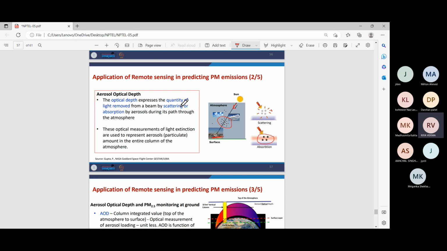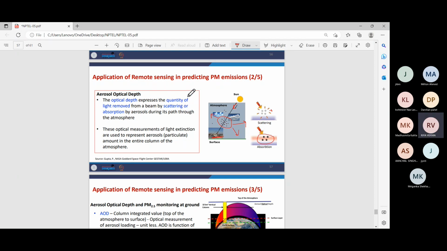So they either absorbed some of the light or scattered some of the light. The light that was traveling straight towards this, it might be possible some is scattered here, some scattered here, and some light may be absorbed here as well.